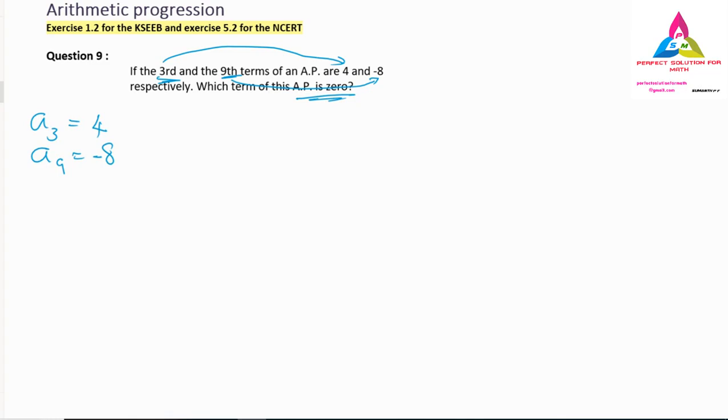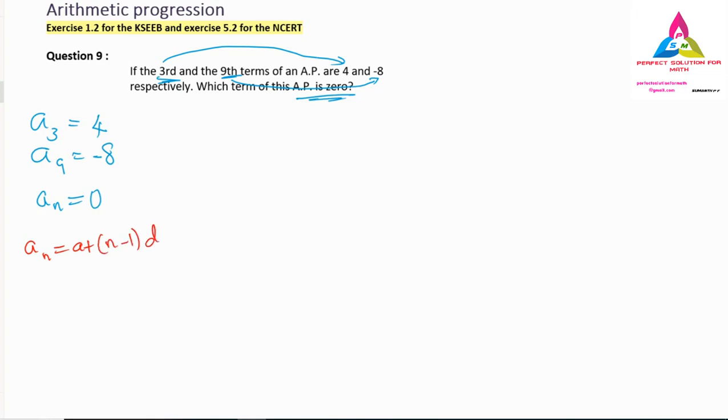They have told you to find which term is 0, means which term is not given, but the value of that term is given as 0. So which term you don't know, we have to take as an, that is equal to 0. So according to the formula, we can write an is equal to a plus n minus 1 into d.